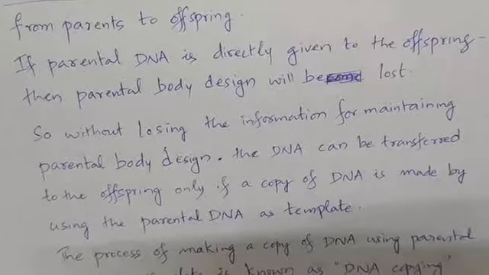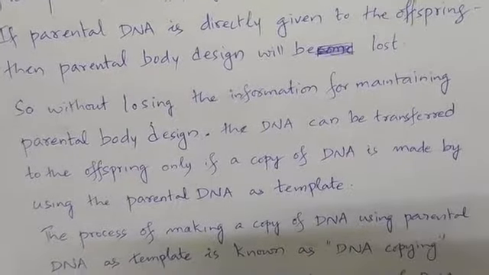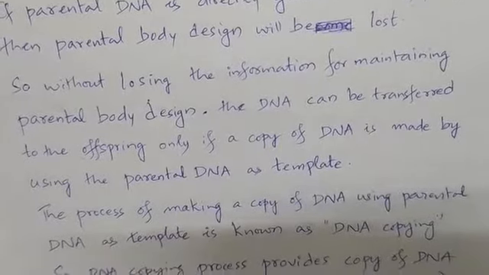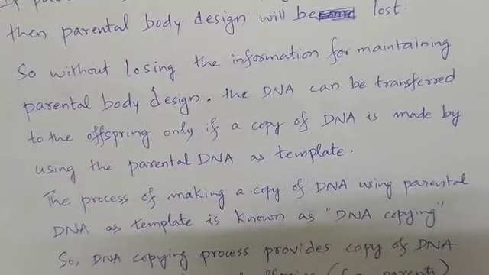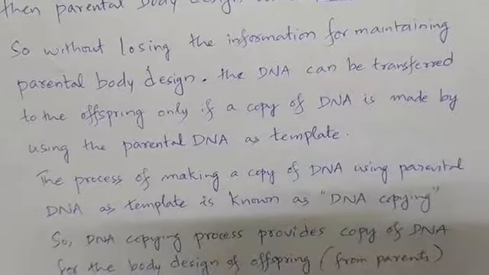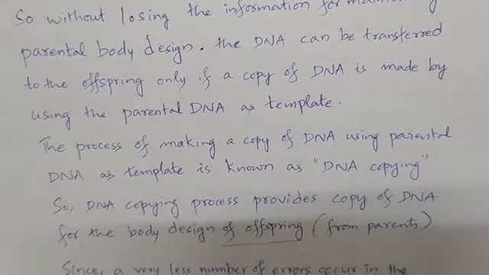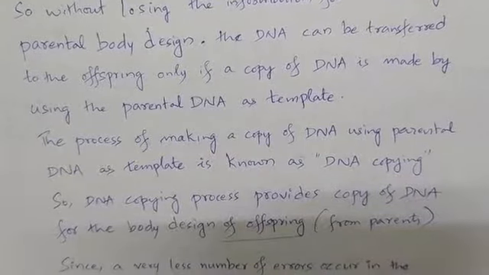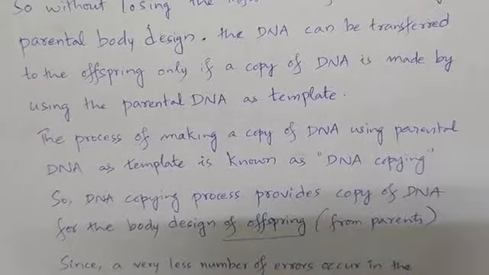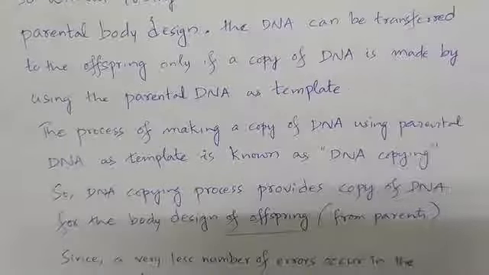Then only the DNA can be transferred to the offspring. The process of making a copy of DNA using parental DNA as a template is known as DNA copying. Template means information source to make the new one. Right? That is known as DNA copying.